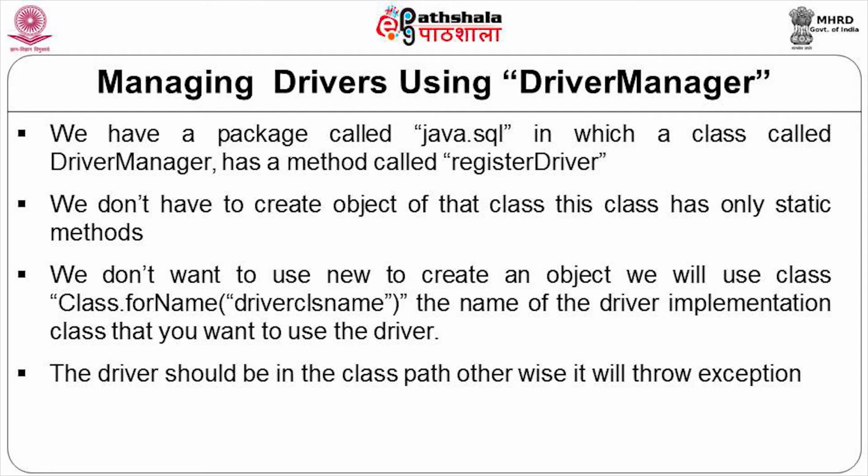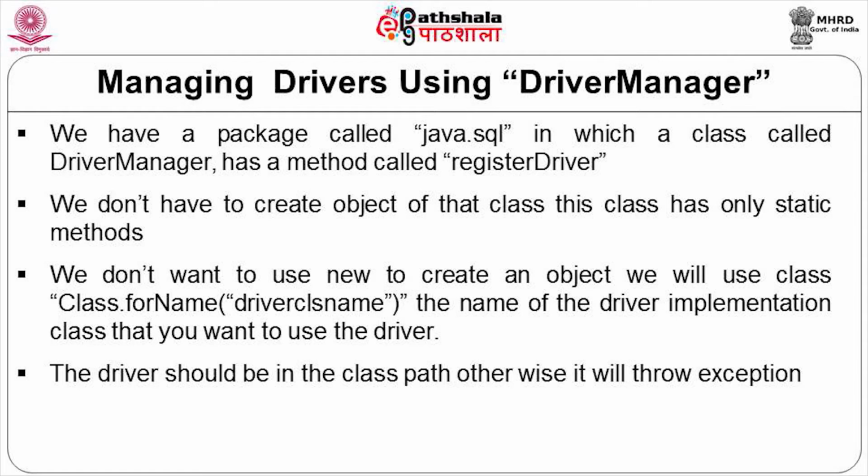So let's see how we proceed with the steps here. First step: since we would not like to hardcode the creation of the driver object, we would like to use it as a string. We don't want to use new to create the object. So the first step would be to load the driver implementation class. That means we'll say Class.forName, and as a parameter we should be passing the name of the class which we have read from some configuration.